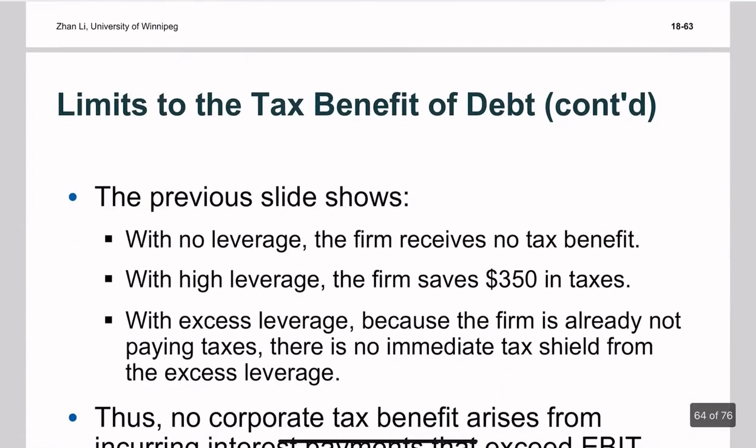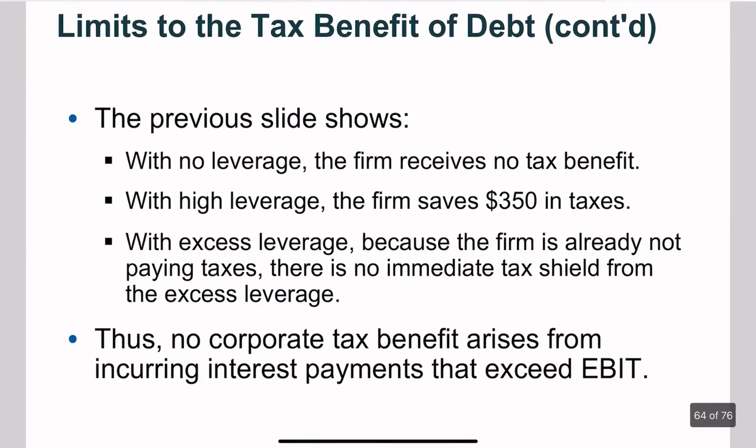And then there is this additional problem. Remember we discussed the difference in personal taxes, and our conclusion was that because the tax on interest income is larger than on equity income, the tax difference will actually reduce the benefit of using debt.